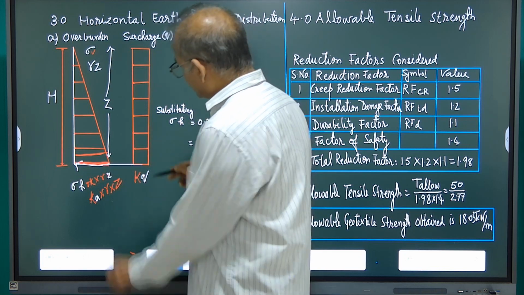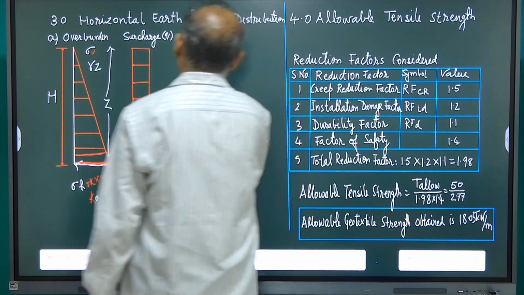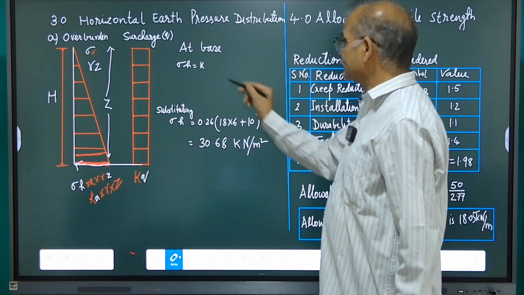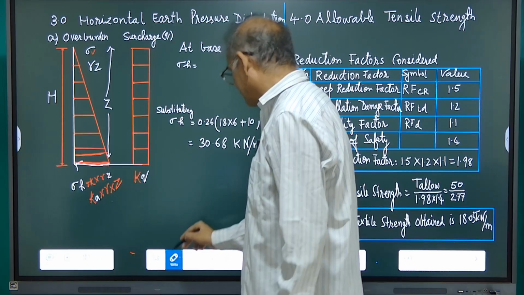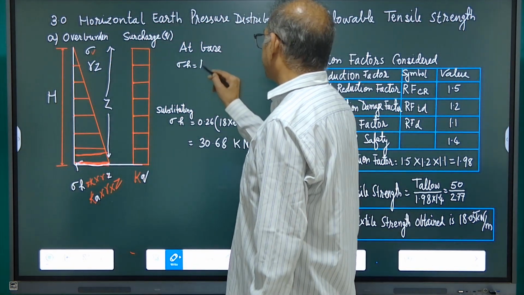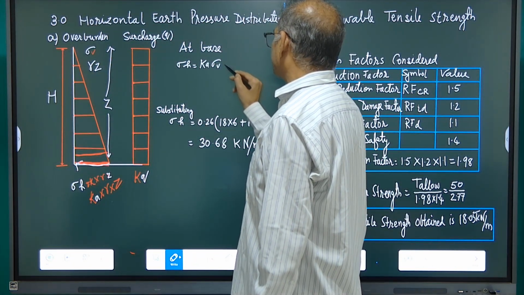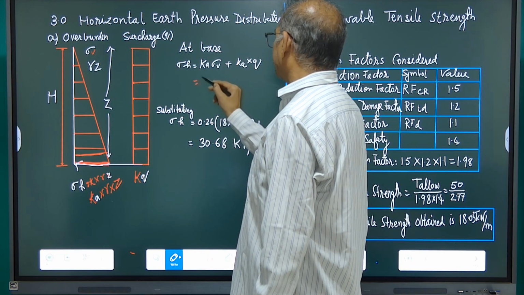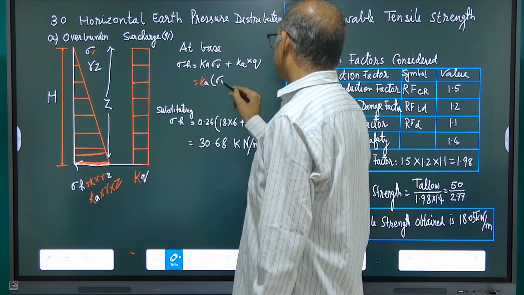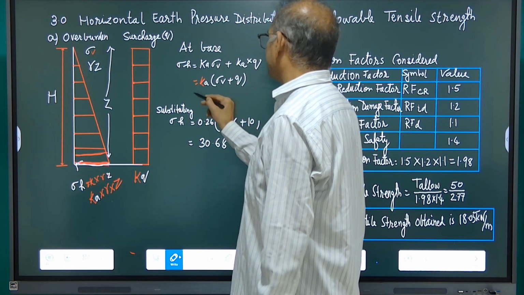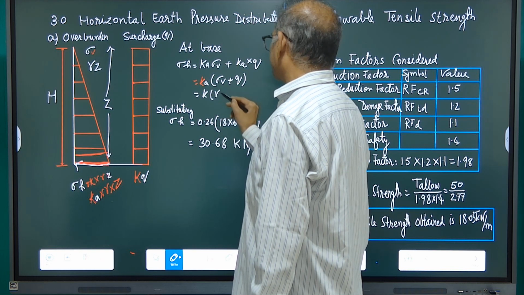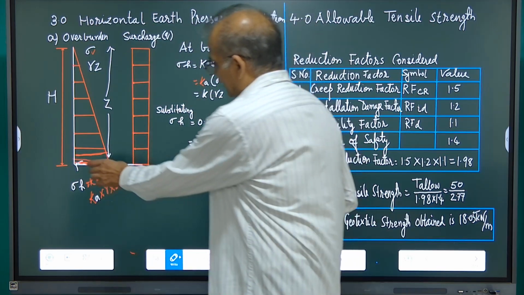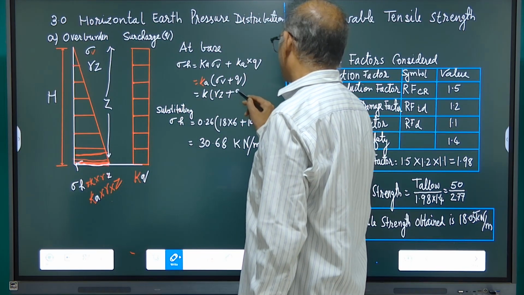So sigma h, the horizontal pressure at this, will be Ka times normal stress sigma v plus Ka times surcharge Q, Ka sigma v plus Q, and sigma v is nothing but unit weight of soil into depth. Here we take extreme fiber, say at depth z plus q.